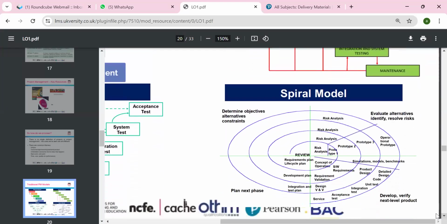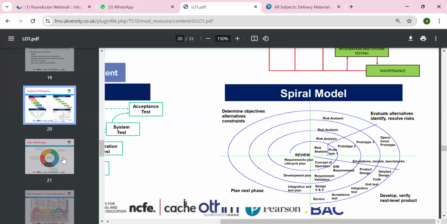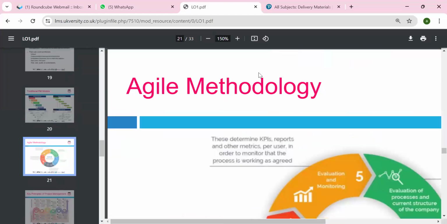Then we have the spiral model, where we look at risk analysis, like an onion. Some of you may have done research management and research methods where we use these types of spiral models to evaluate alternatives and identify and resolve risks within the project. That's really what we need, and it's quite good to use.